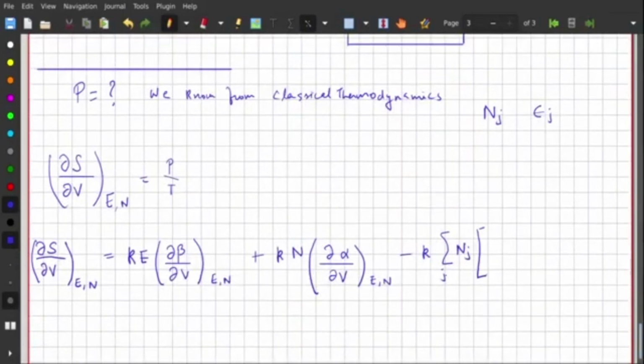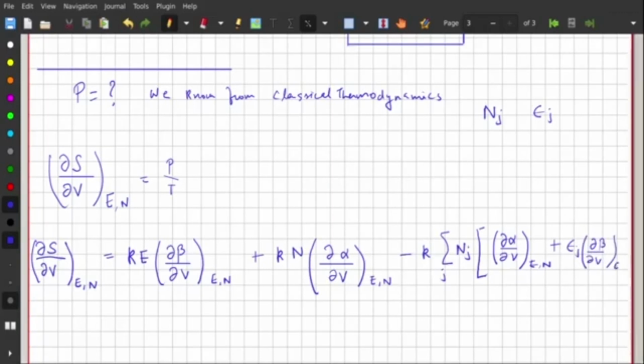So this becomes minus k sum over j and j, partial alpha partial V at E, N, plus epsilon j partial beta partial V at E, N, and then the product rule second term, where we keep beta constant and differentiate epsilon j with respect to V at E, N. Okay, so that's the expression for partial S partial V.